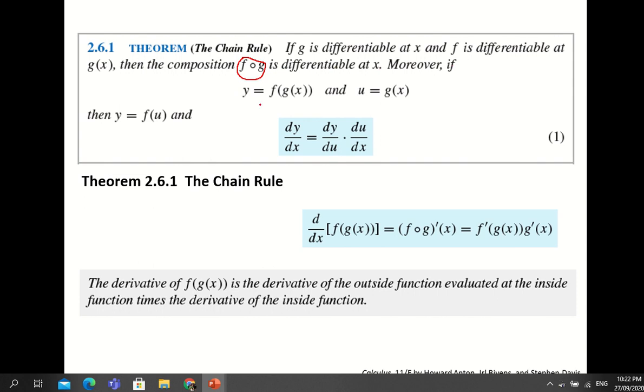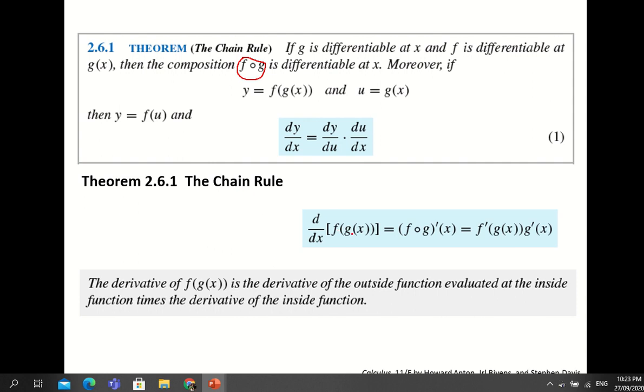Moreover, if y equals f(g(x)) and u equals g(x), then y is a function of u, and the derivative of y with respect to x is just the product of the derivative of y with respect to u times the derivative of u with respect to x. So this is the theorem of our chain rule.